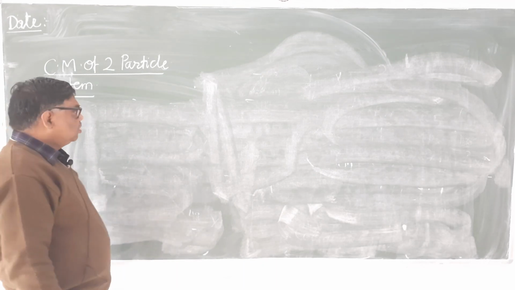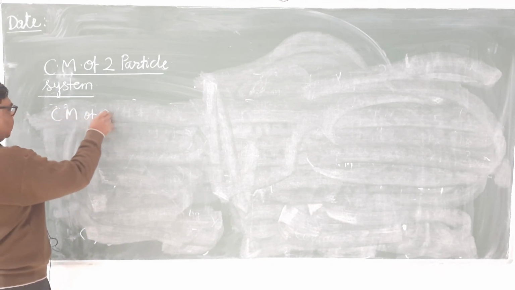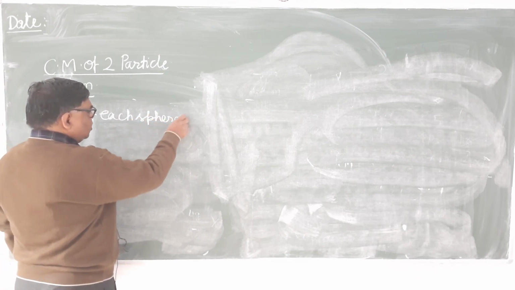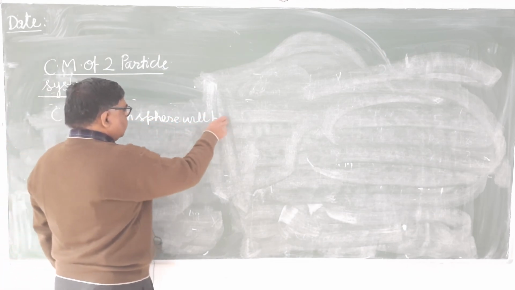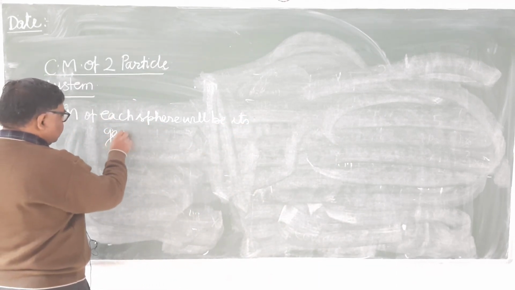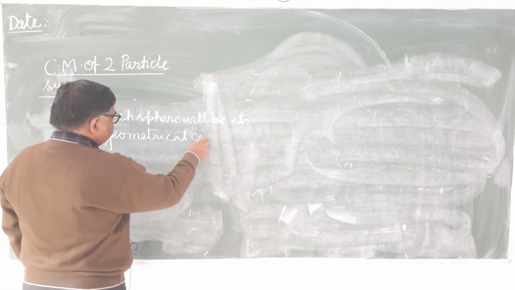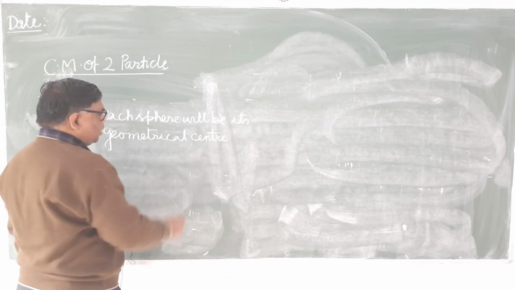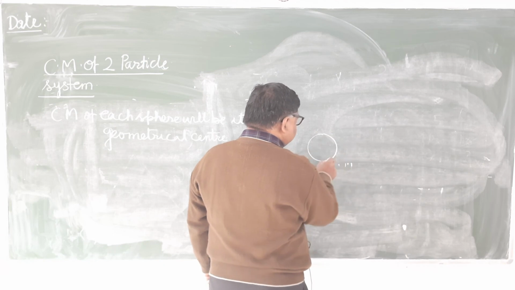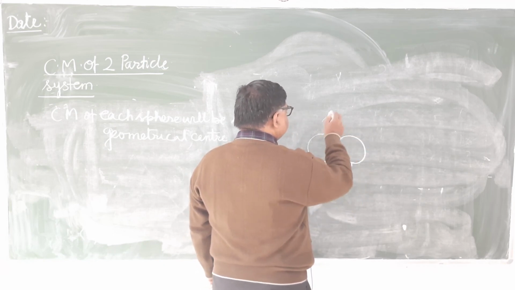So you write down: center of mass of each sphere will be its geometrical center. If you make the diagram, it will be like this. One sphere is this, another sphere is this, and the third sphere will be here.